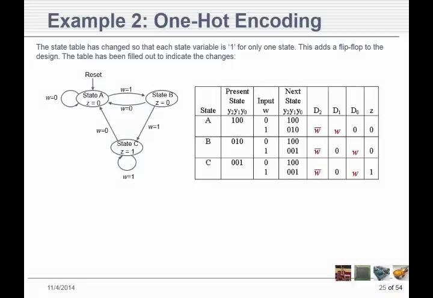Okay, so A, B, C, and D. That's what I've got. You can choose any one of those to have. You're going to have 4 state variables, so you might want to call them Q because that's what we're used to the output of the flip-flops being instead of Y. So you might have Q3, Q2, Q1, Q0. You're going to have 4 of them.